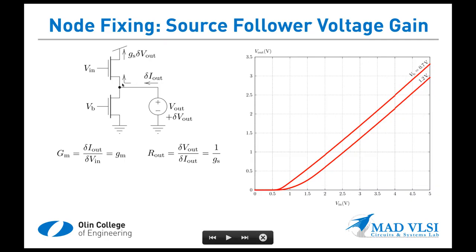And so the incremental output resistance of the circuit as a whole is going to be just 1 over the incremental source conductance of the source follower transistor. Now it may bother you that I have this current increment flowing back up into the source of the transistor and on out the drain. And you have to realize that this is an incremental current.